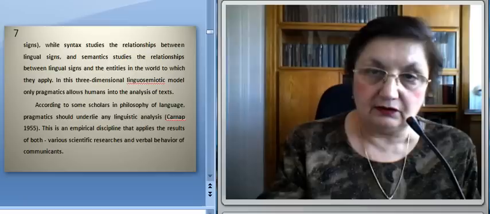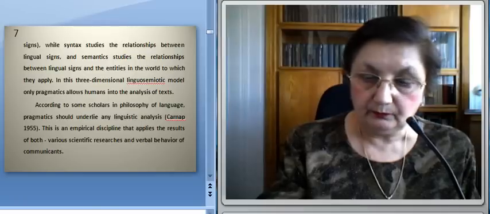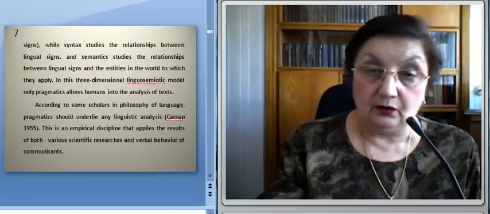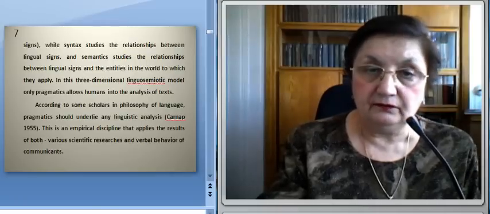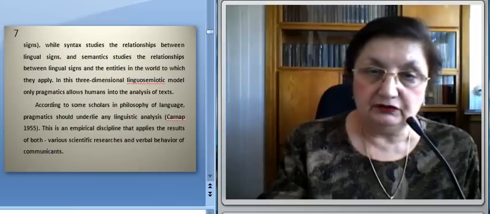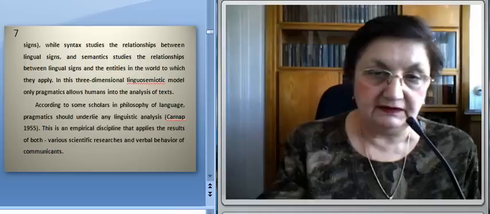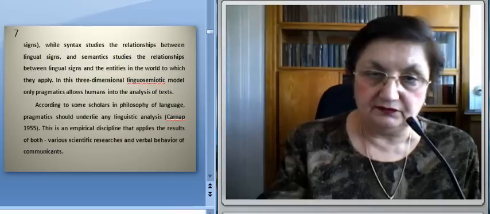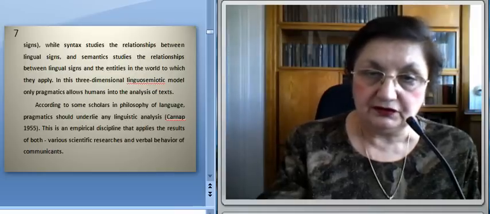According to some scholars in philosophy of language, pragmatics should underlie any linguistic analysis. This is an empirical discipline that applies the results of both various scientific researches and verbal behavior of communicants.